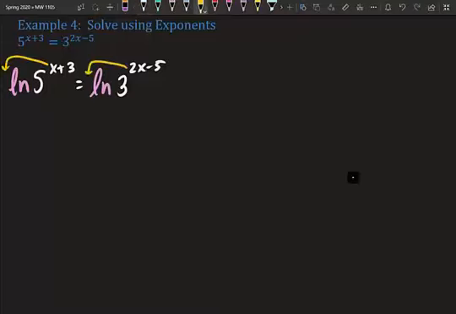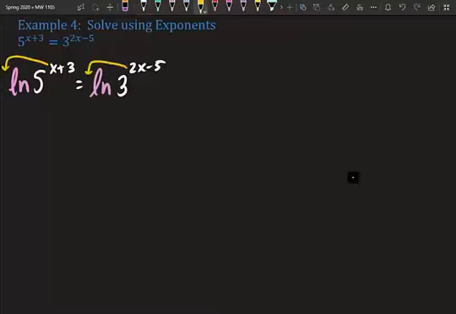All right, next step. Every time you move something over, remember when we were doing the inverses and you had like xy minus y, you factored out that y. We're going to do that here. We're going to factor out the x because they have it in common. So when we do, we're left with x times ln 5 minus 2 ln 3 equals negative 5 ln 3 minus 3 ln 5.